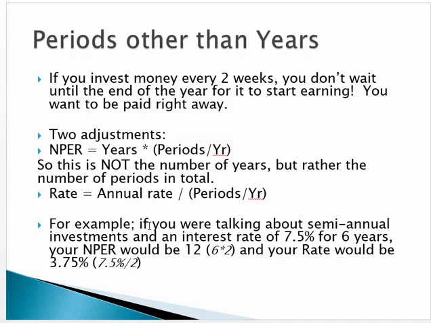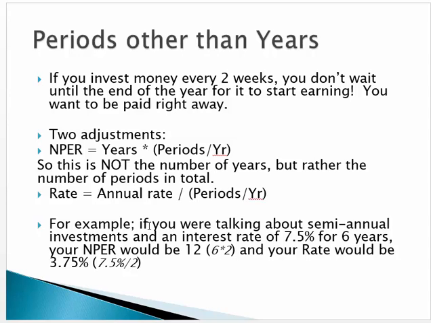So for instance, if we have 6% interest over the course of the year, but we're sticking in money every 6 months, then we're going to have a periodic rate of 3% every 6 months. Sometimes banks will compound interest on a quarterly basis, maybe on a monthly basis, even sometimes a daily basis. So to get the periodic rate, we would take the annual interest rate and divide that by 365, and that would give us the periodic interest rate.